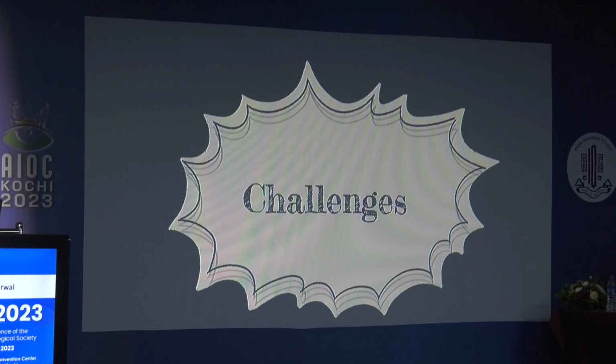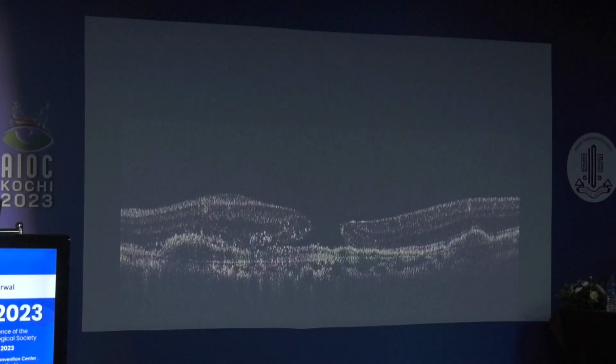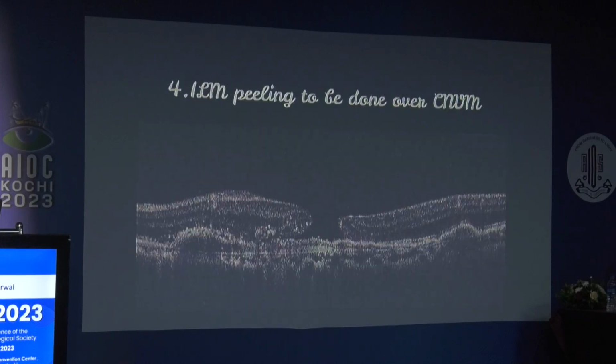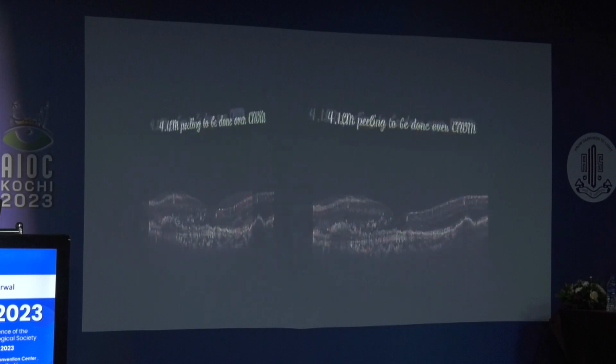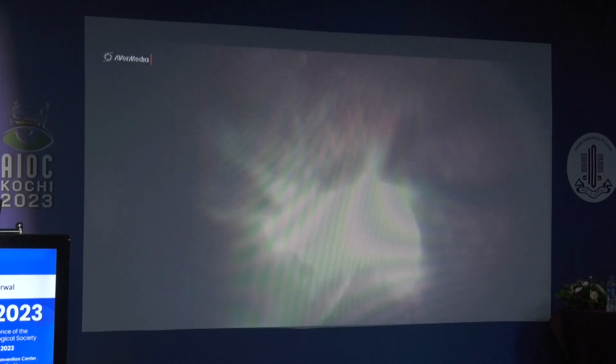Challenges in the present case are a one-eyed patient, already diseased eye, difficult intraoperative identification of macular hole, and ILM peeling to be done over CNVM. After detailed discussion with the patient, surgery was planned.